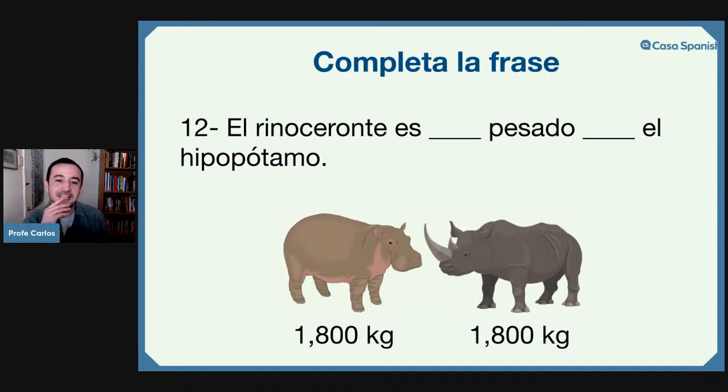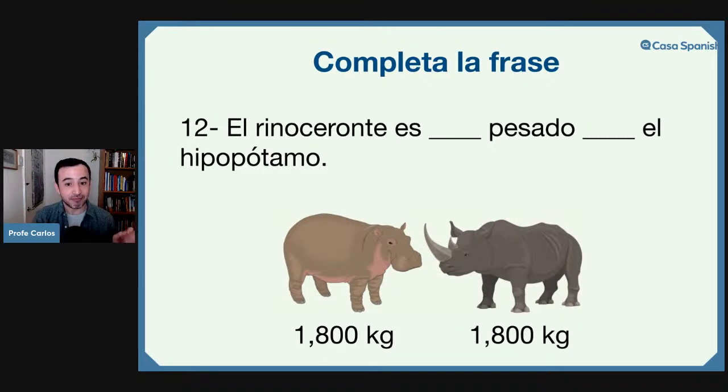Número 12. I like this one. El rinoceronte es... pesado, el hipopótamo. So here, guys, you don't have the options. I would like you to type down the structure we talked about, depending on what we are comparing. So we are comparing el rinoceronte con el hipopótamo.